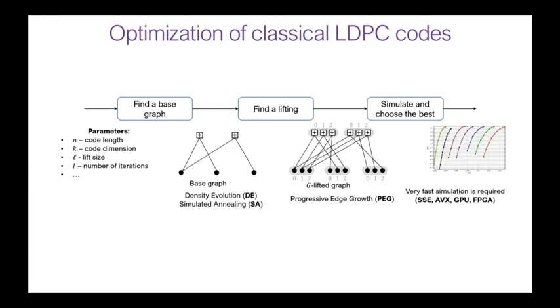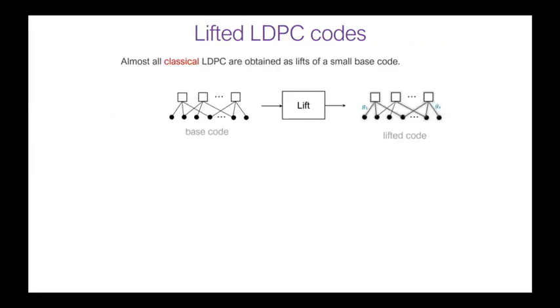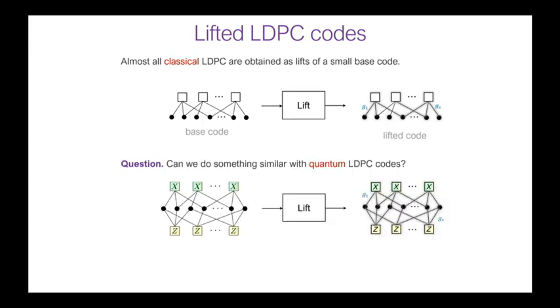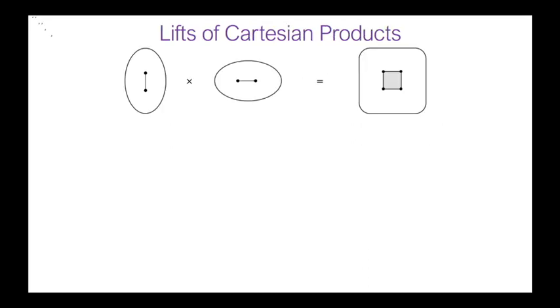This is exactly, for example, how codes from Wi-Fi and 5G are designed. And the idea of lifted LDPC codes is just to use this idea for quantum codes. If we know how to lift classical codes, maybe we can also lift quantum codes. I don't know how to lift an arbitrary quantum code, but I know how to lift hypergraph product codes.